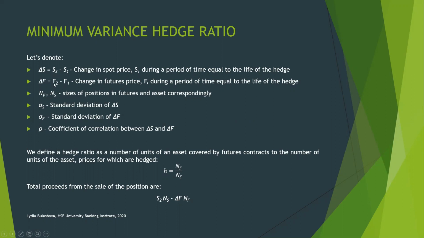Otherwise, if F2 is lower than F1, this part will generate a profit. In this case, I probably have a small loss here, and this small profit will just compensate me for this loss. Let's go further.